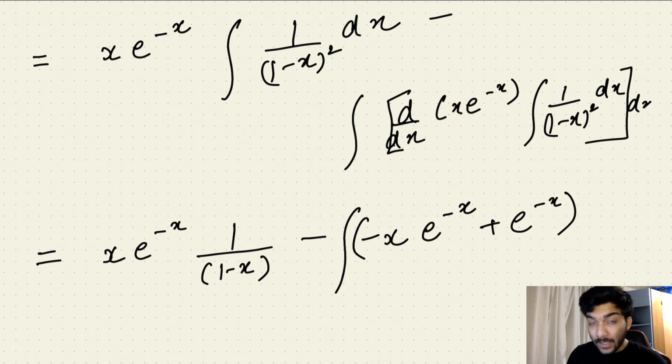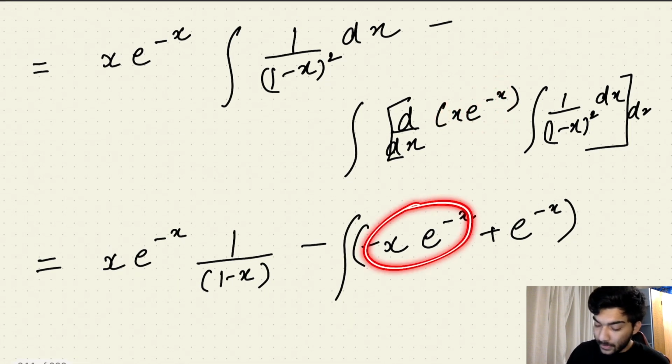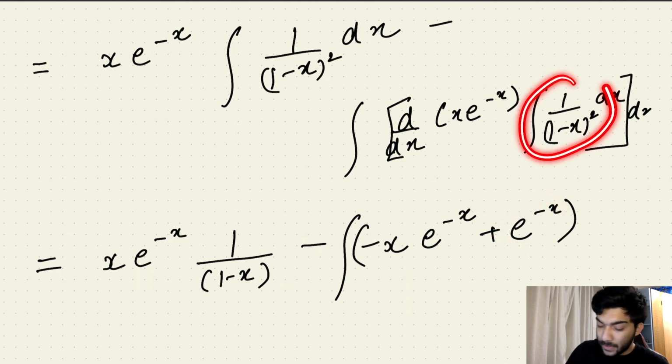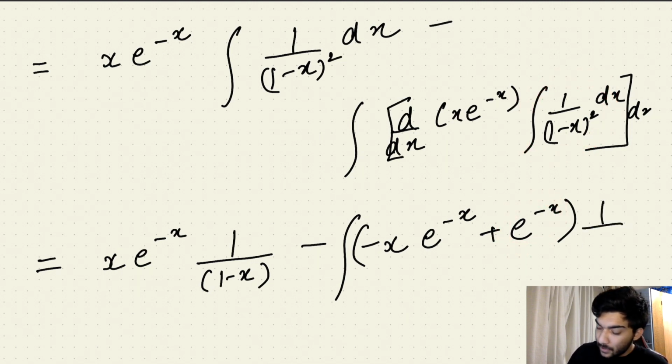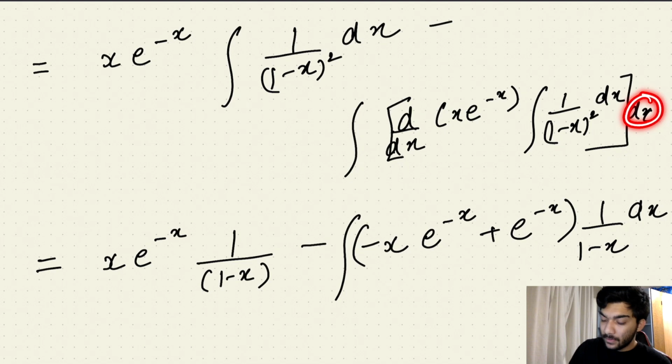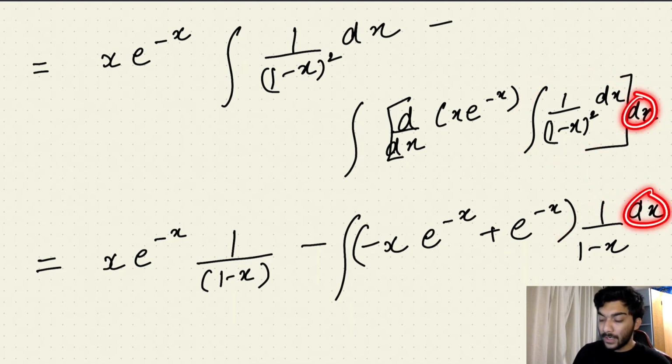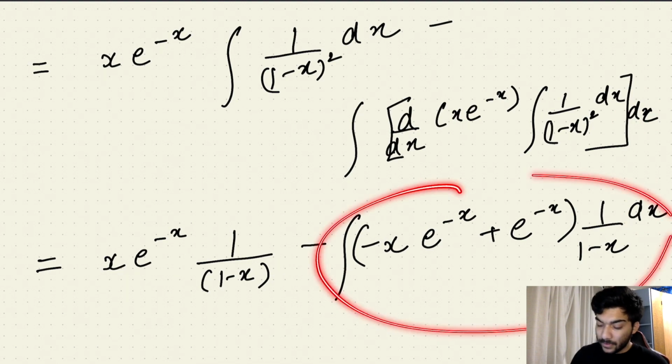This is basically again calculated by using the chain rule. So first function as it is, derivative of second in this expression, and then the derivative of the first function and the second function as it is, which is over here. And then this expression is basically 1 upon 1 minus x with the dx in this case, which is over here, right? So this integral is 1 upon 1 minus x, and we also have a dx over here which will be added to the integral expression over here, right?